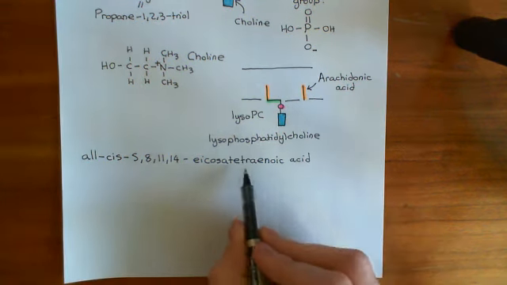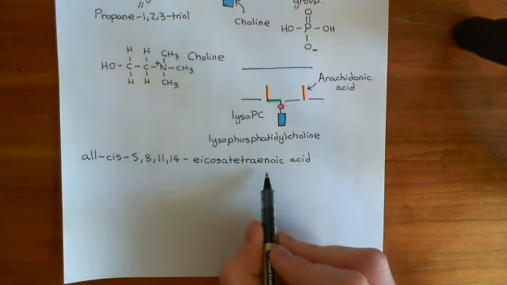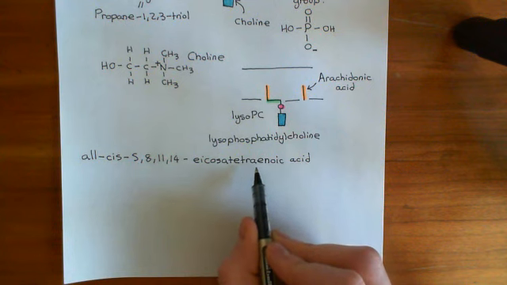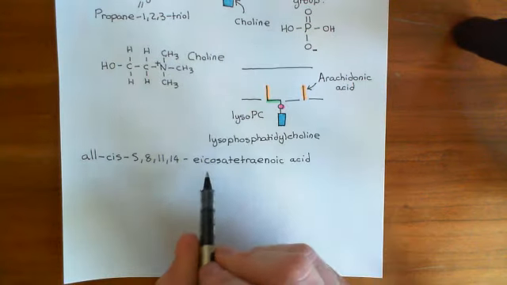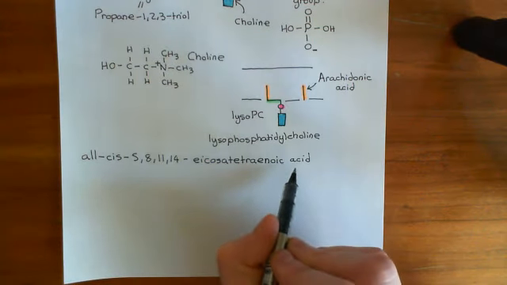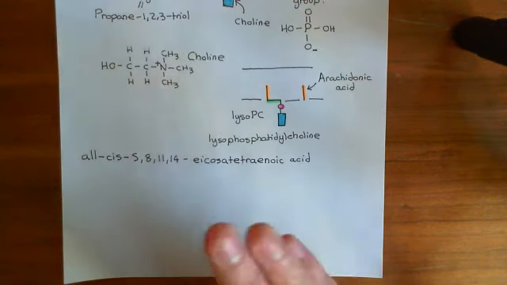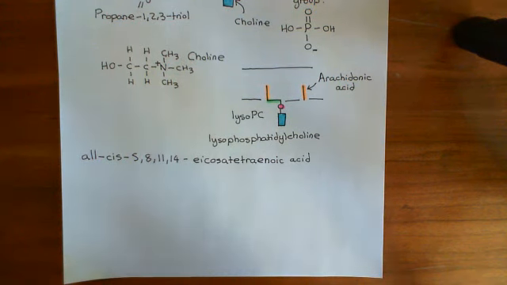Basically, icosahexaenoic acid is a 20-carbon carboxylic acid with 4 double bonds, but you don't know where the double bonds are, and you don't know what the state of the EZ isomerism of those bonds is. Chemists will use arachidonic acid to mean any old icosahexaenoic acid, i.e. you can have the double bonds wherever you like, in any EZ isomerism, it doesn't matter, they're all called arachidonic acid.